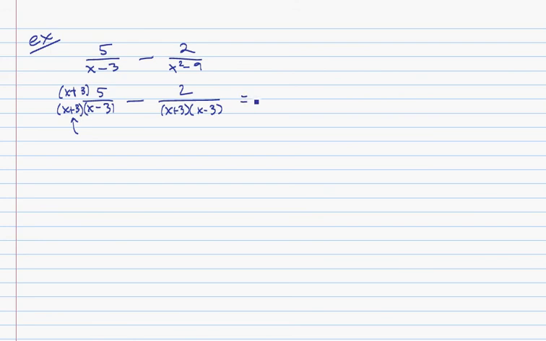And so now, if I multiply the top here and distribute my 5 in, I have 5x plus 3. And what I'm going to do here is I'm actually going to subtract the 2 as well. And the reason I could just put everything over one fraction is I have the same denominators over here.